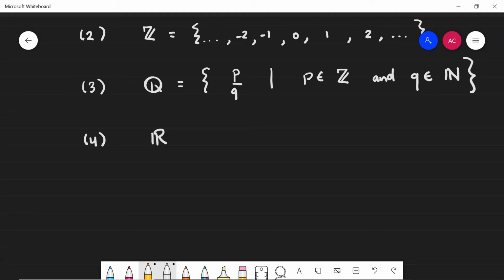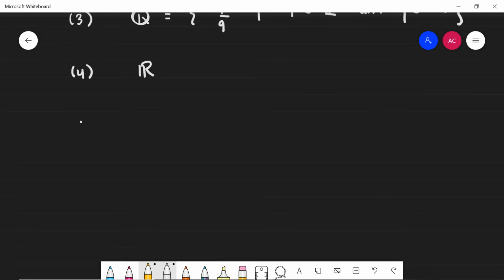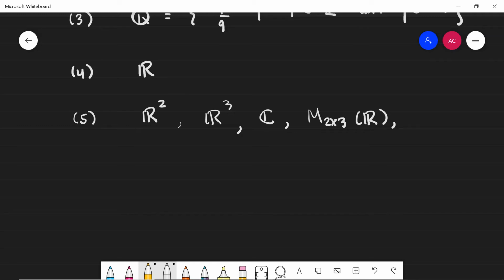Because Q has little pieces missing, you just stick some epoxy or Bondo over it and you get R. Now we can look at several other examples of infinite sets: R2, R3, the field of complex numbers, the vector space of all 2×3 matrices, the space of all polynomials of degree no more than 13 with real coefficients.